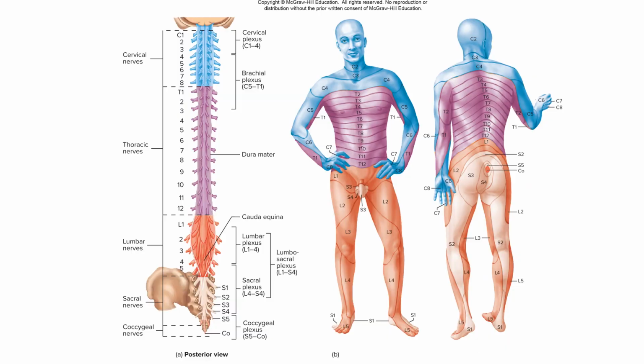So this actually shows you which level of the vertebra innervates the different levels of your body. So the corresponding color for the cervical nerves would be the blue parts, okay? And then the violet one would be for your T1 to T12 or the thoracic, so more likely the mid part of your body.